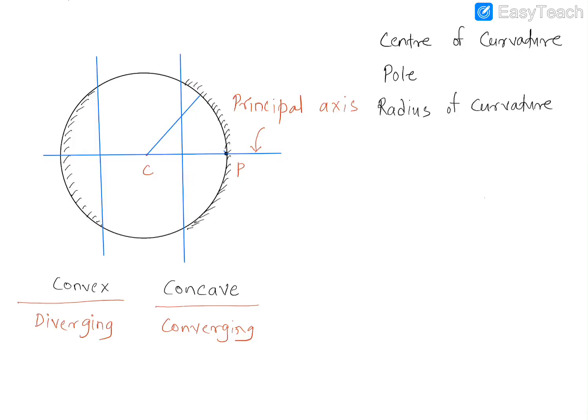That would mean the radius of curvature. So out here, this is the radius of curvature, from the center to any point on the circumference. So the radius of a sphere of which a spherical mirror is a part is called the radius of curvature.